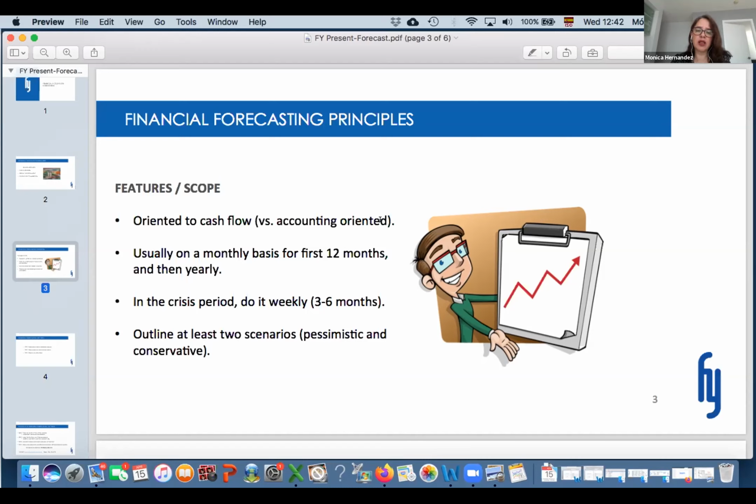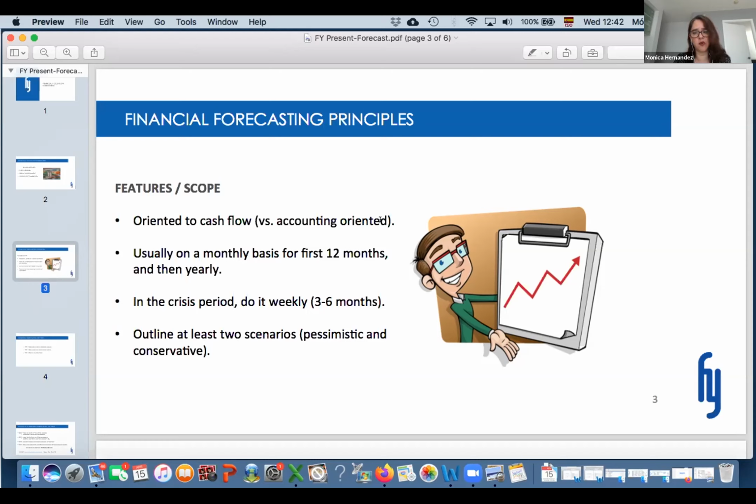Usually forecasts are done on a monthly basis for the first 12, 18, or even 24 months, and then yearly. However, in a crisis period like the one we are living in, we recommend you do it weekly, at least for the first 3 to 6 months, because you really need to be conscious and aware of your cash flow situation.